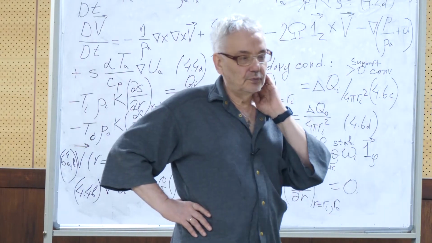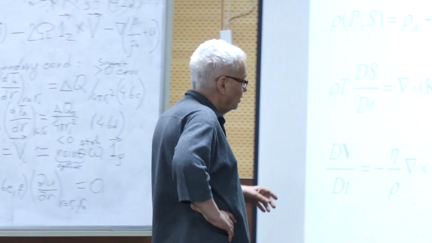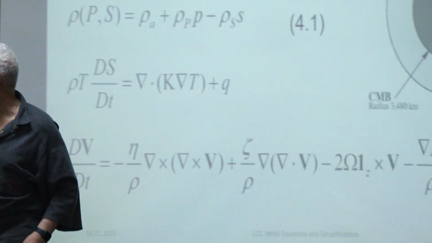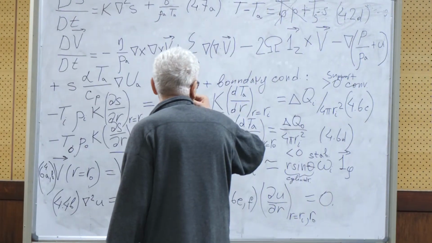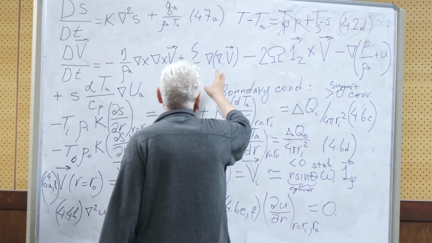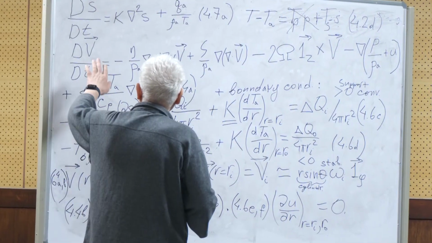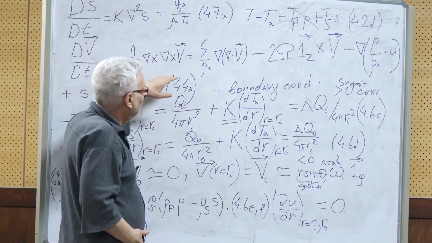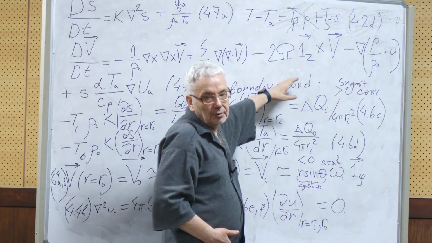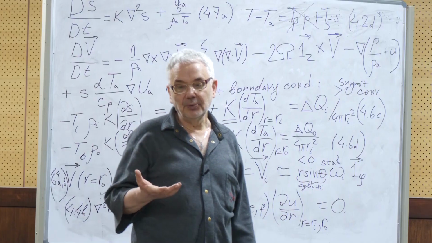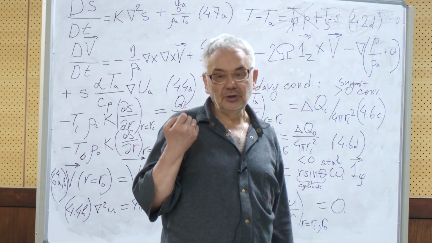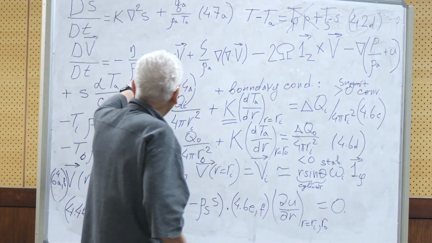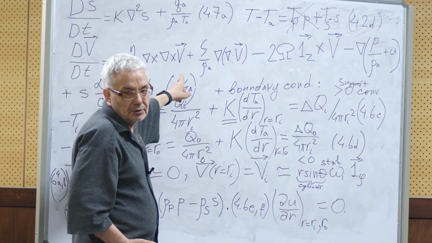It's possible due to the relative smallness of the ratio of the viscosity term to the Coriolis term, which is exactly the Ekman number, 10 to the minus 15.